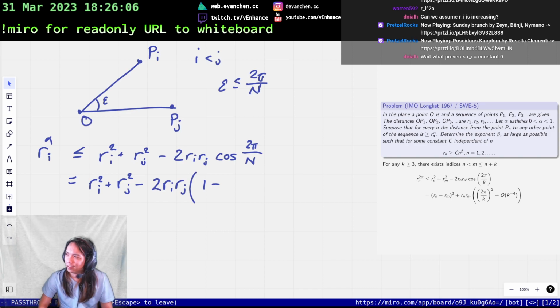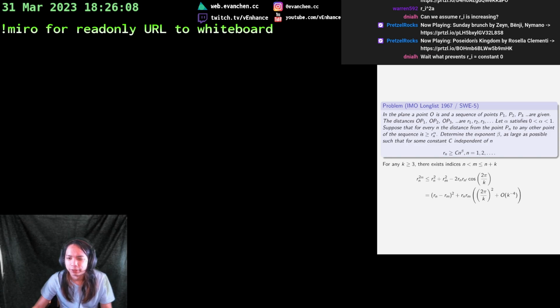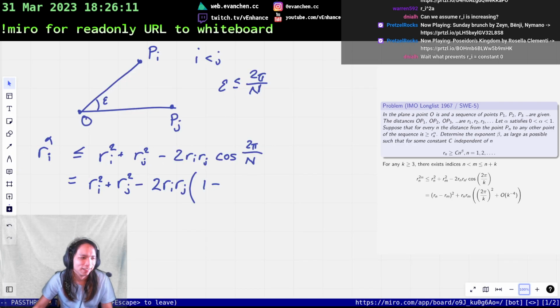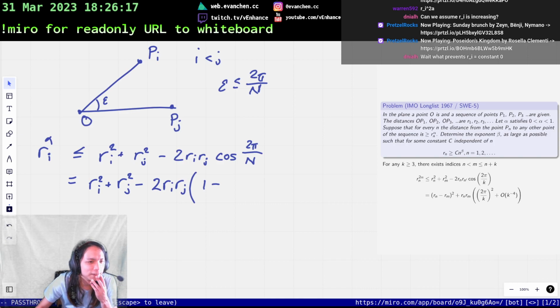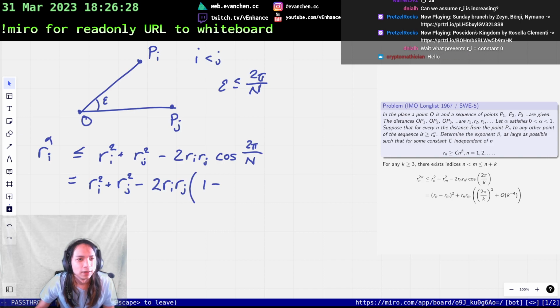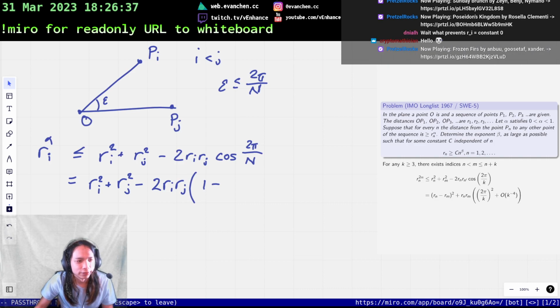Yay! That's probably not what was meant. Let me see what the original statement said. Oh, there's no solution. Okay, I'm going to assume that the problem wants capital C greater than 0.